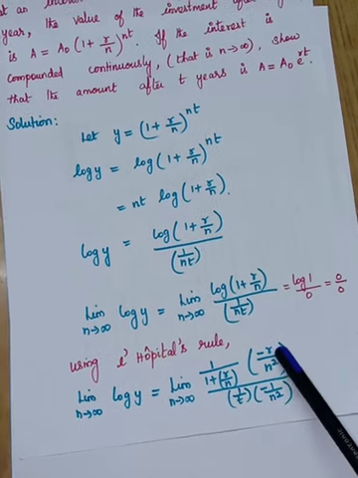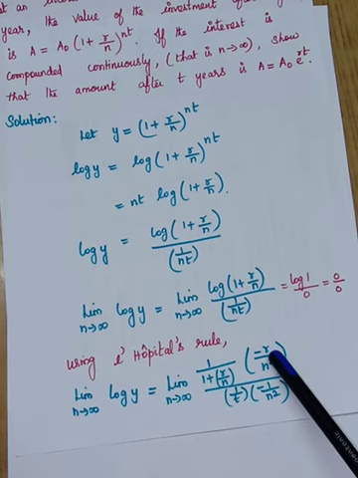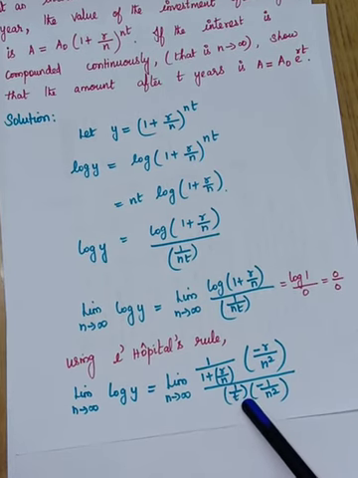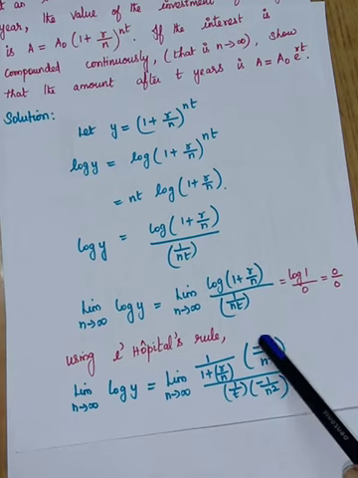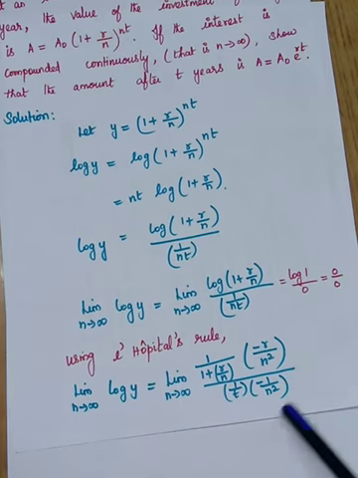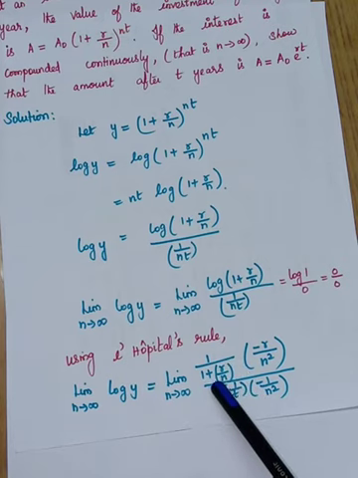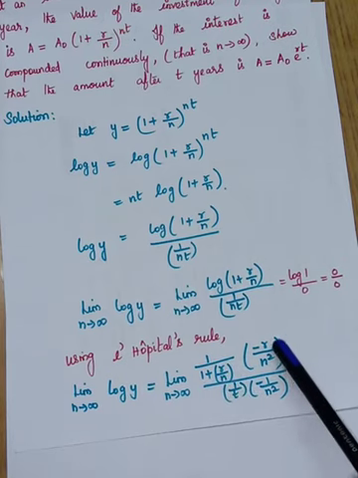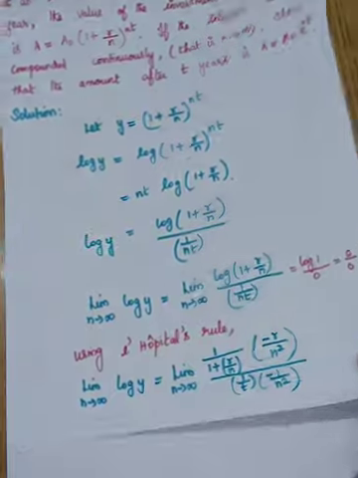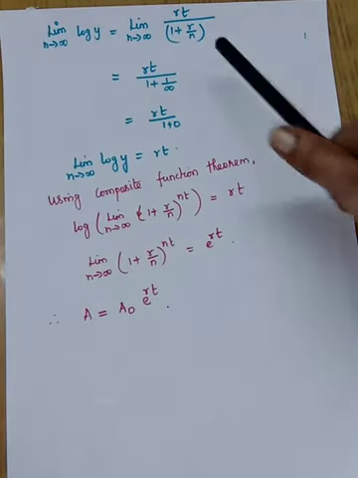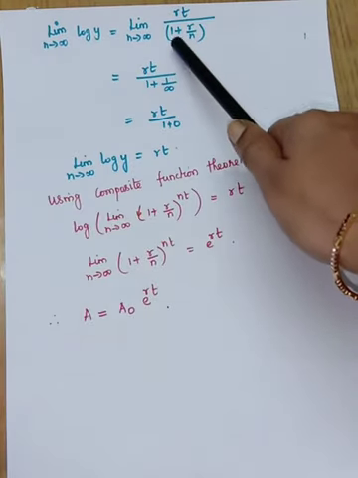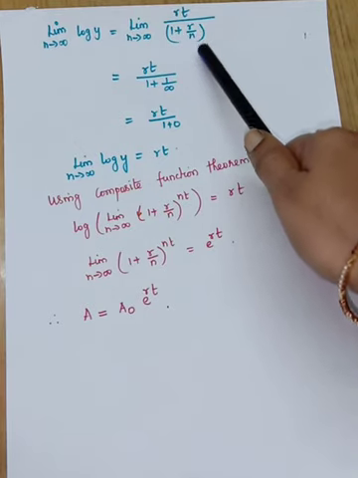So in the numerator you will have r. The t is in the denominator of the denominator, so it will go to the numerator. So this term becomes 1 by 1 plus r by n into rt, which can be written as rt divided by 1 plus r by n.